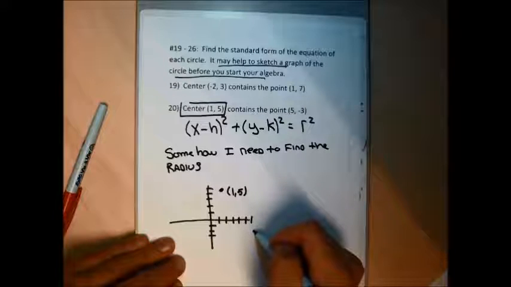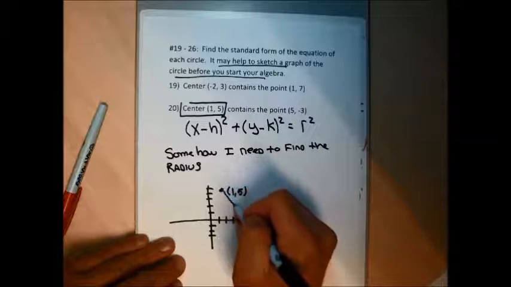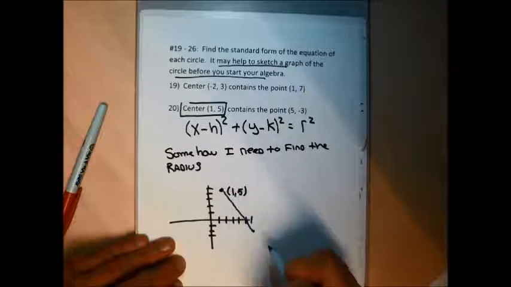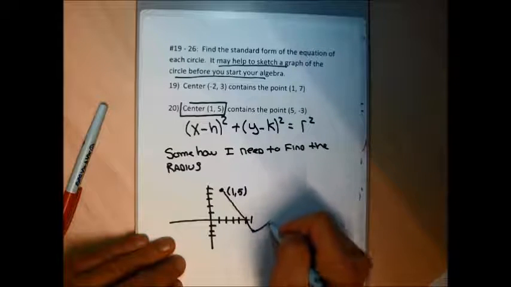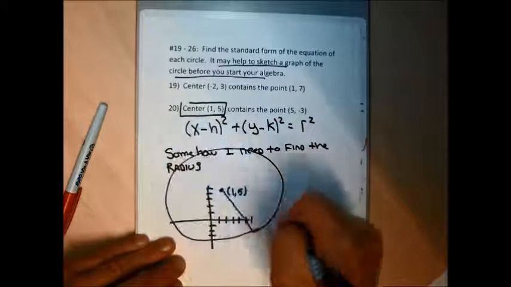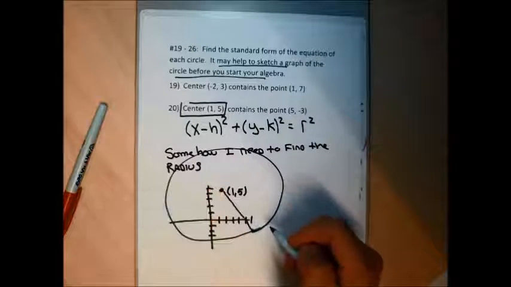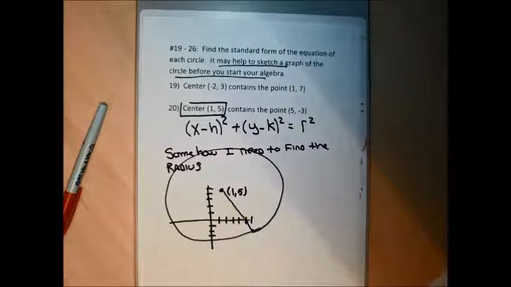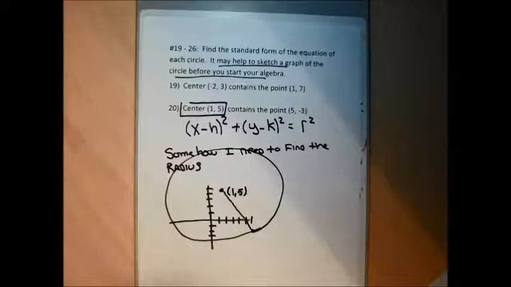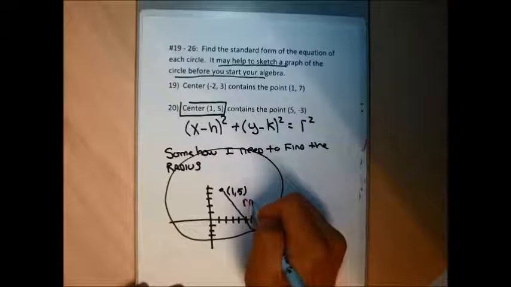So the radius of this circle is that right there. So the circle that's being described is that circle. And I need to find that radius in order to get my equation done, because this right here is going to be my radius.